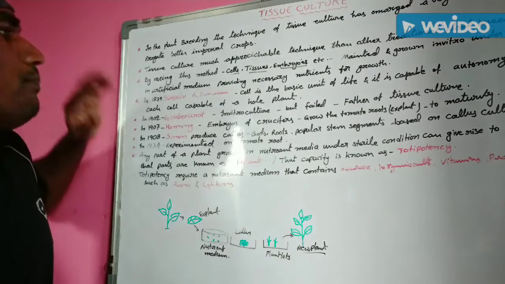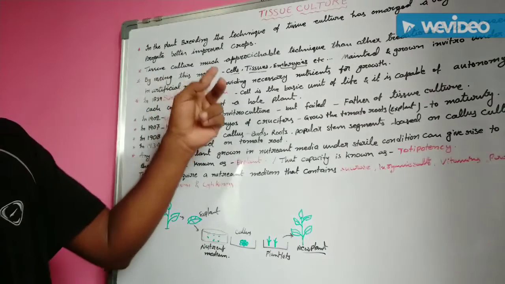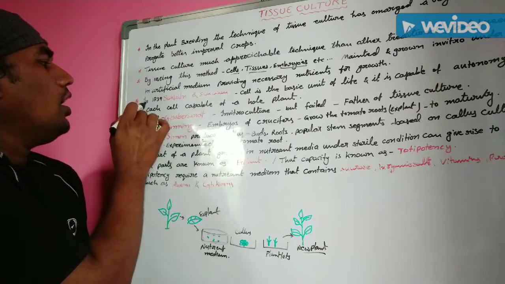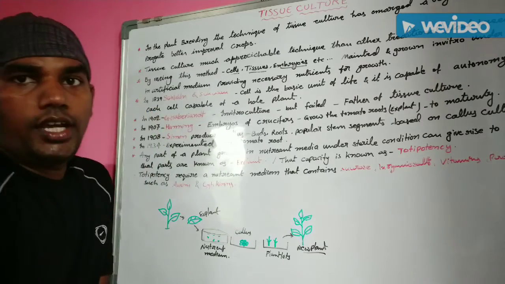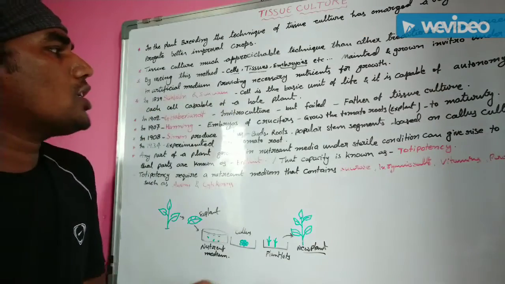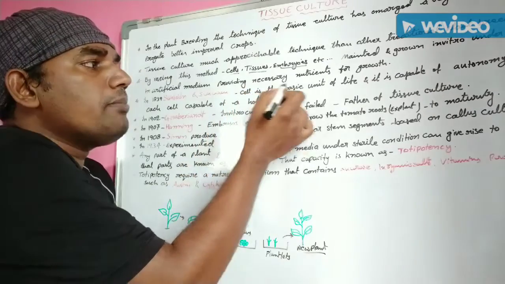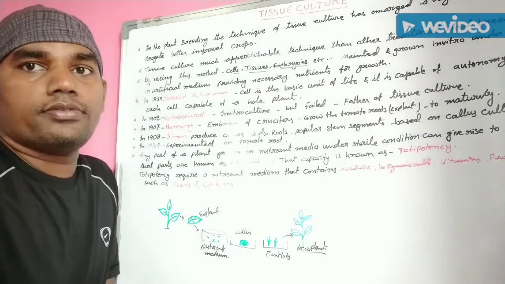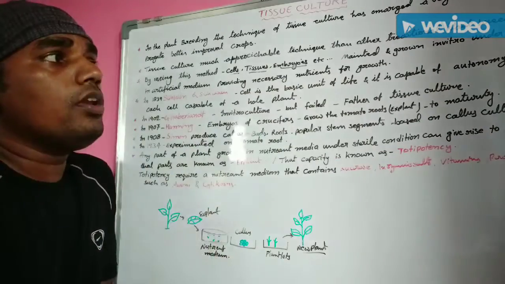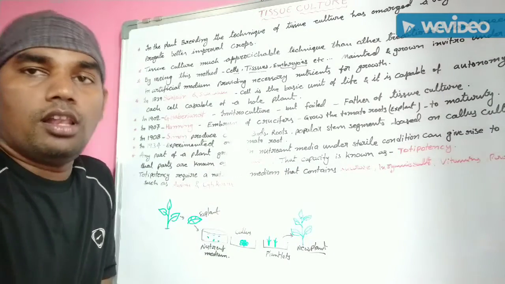Understand? In this way, the early experiments on tissue culture were done by several scientists. Like in 1839, Schleiden and Schwann noted that the cell is the basic unit of life, and it is capable of autonomy, self-replicable.